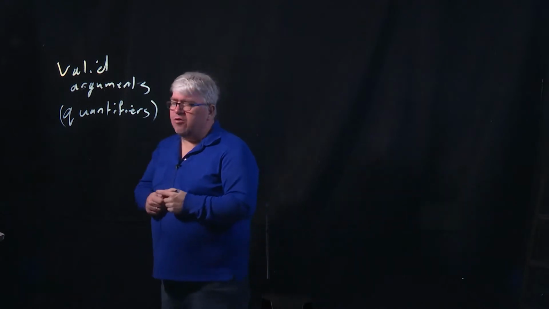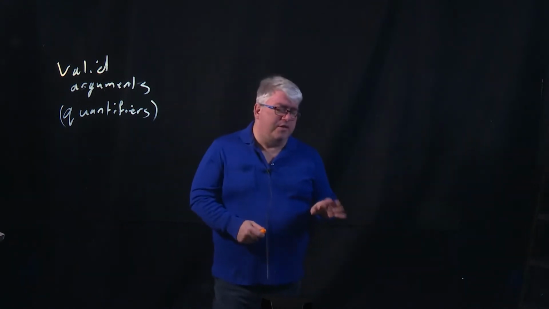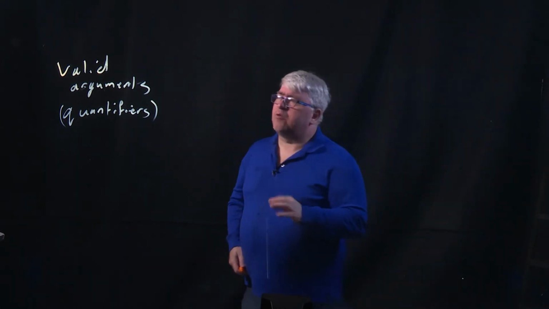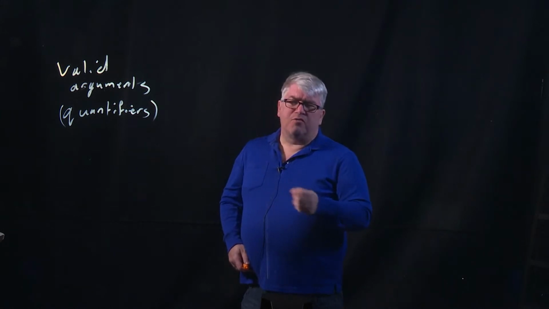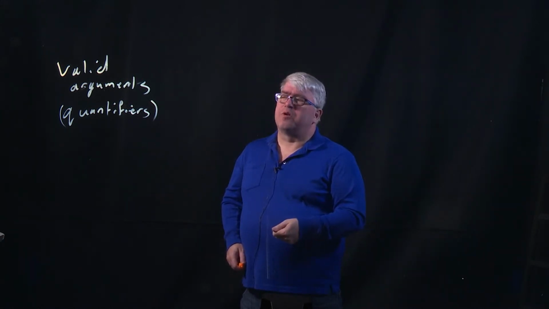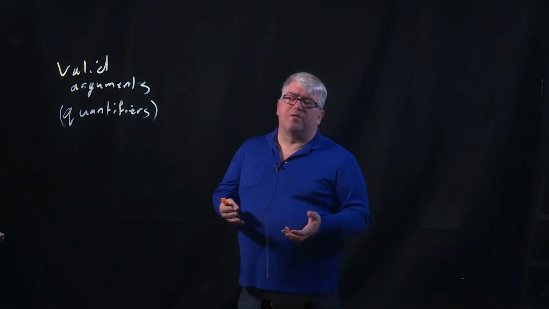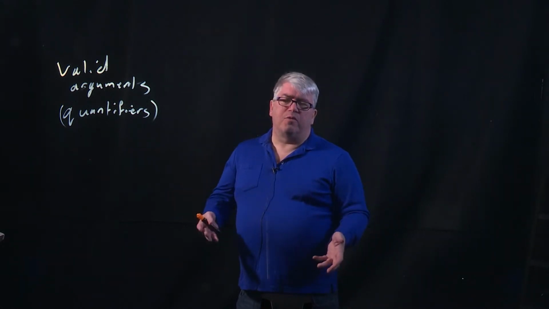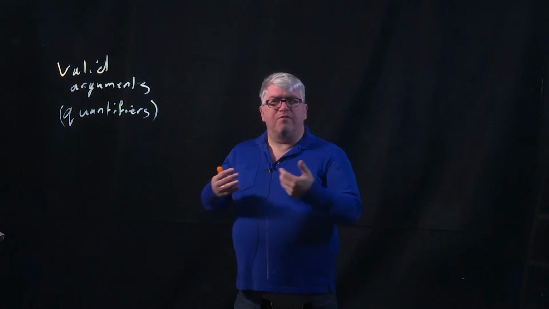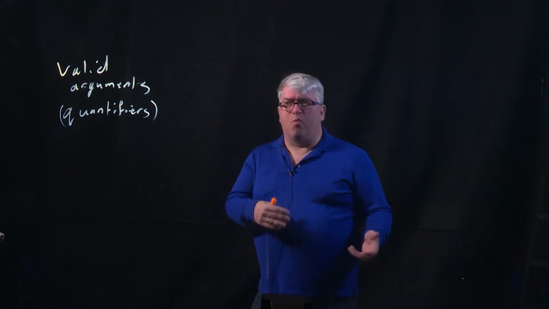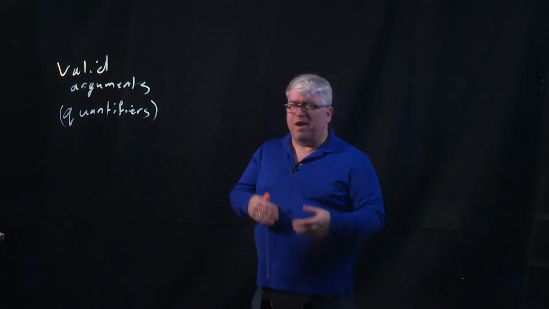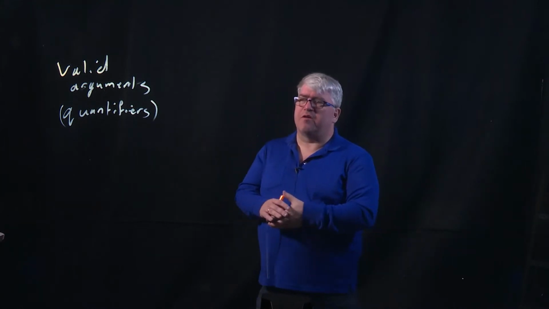Okay, and in trying to determine whether an argument is valid or invalid with quantifiers, we're going to do something similar to the truth tables. We're going to look at all possible ways in which the premises could be true, and we're going to see if the conclusion is false in any one of those ways. And if we can find such an example, we'll call it invalid.